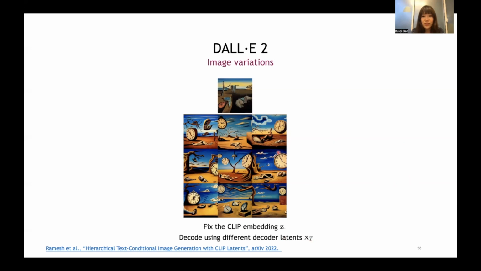As shown in this image panel, the first one is the input image, and the rest are the image variants generated by DALL-E 2. And we can see that certain high-level semantic meanings are preserved. For example, the artist style and this clock are preserved in all the image variants, but with different details.